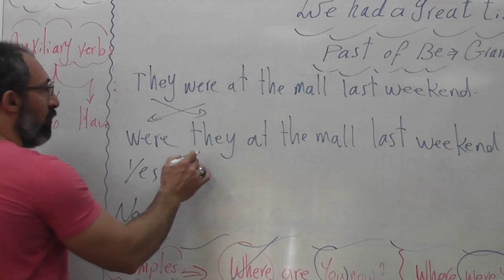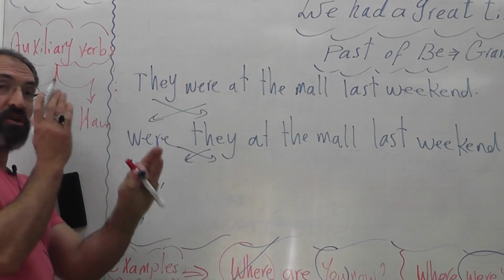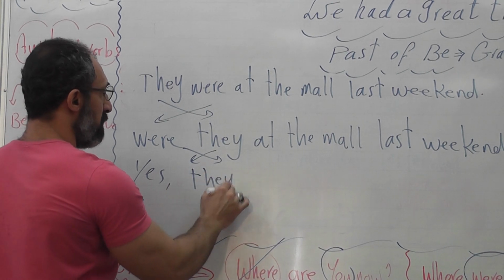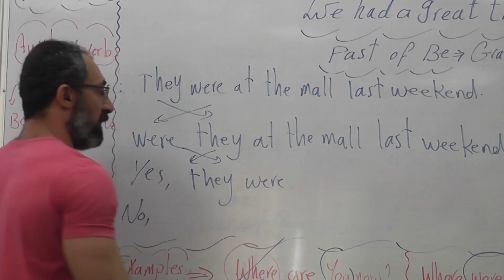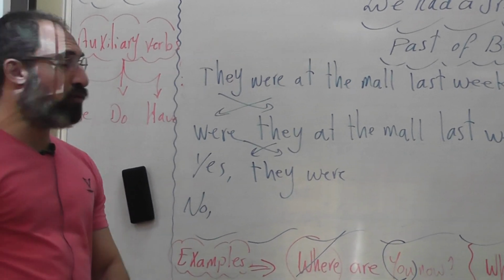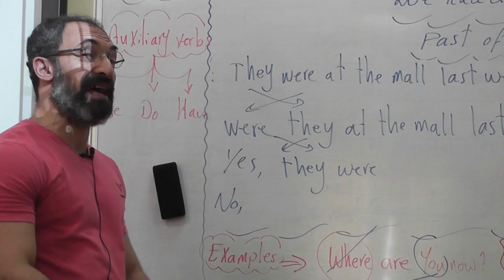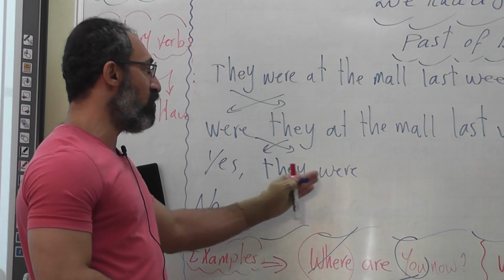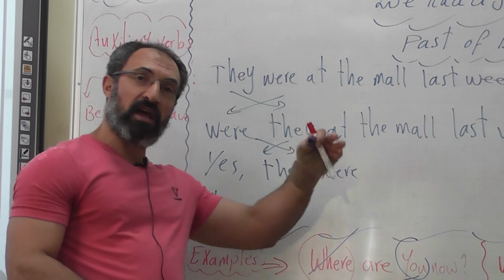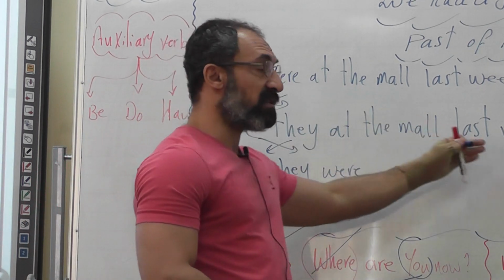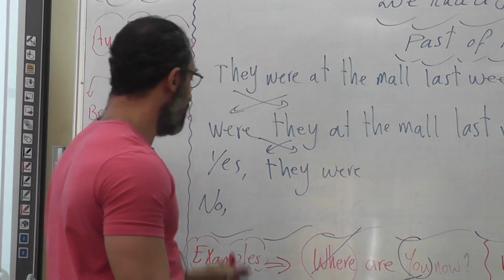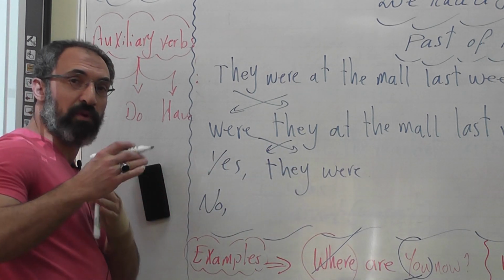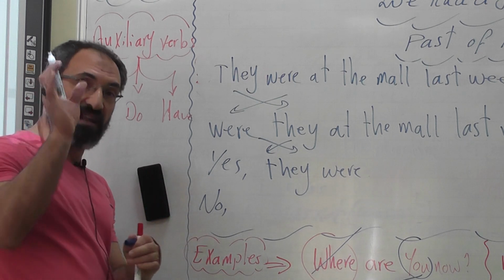Okay? So, yes. What's after yes? To cross. So, yes, they were. If you would like to have a complete meaning or to clarify your answer, we have to complete it: yes, they were. They were at the mall last weekend. No. The same answer, but it should be accompanied with not.